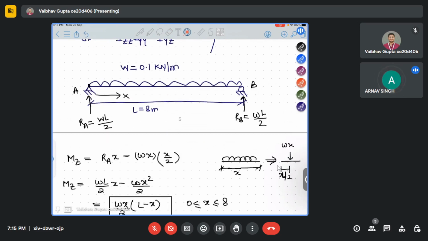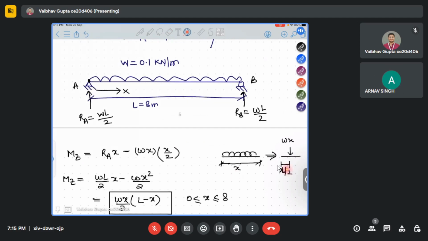So I told you na. See, this is equivalent to this thing at L by 2 or X by 2, whatever the length is. So Wx is a point load applied at midpoint, so it will distribute load equally to both the endpoints.